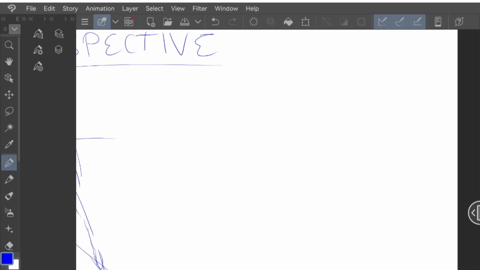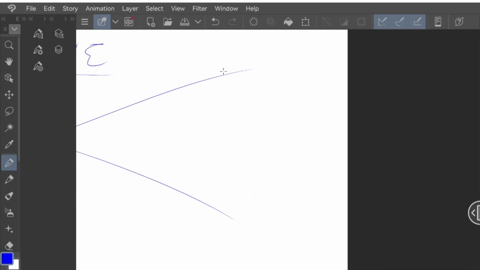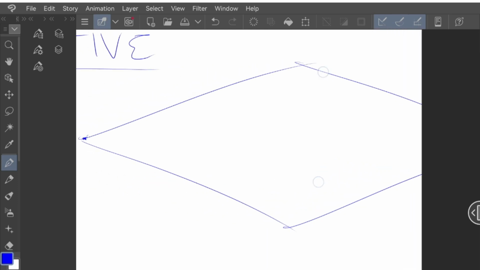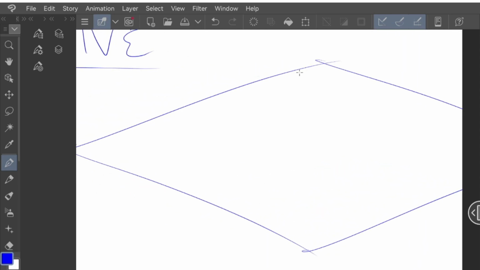Now, for example, let's make it a 2-point perspective. It's already over the line, but at least let's just assume that the vanishing point of number 2 is way over there. And here I'm drawing a character.